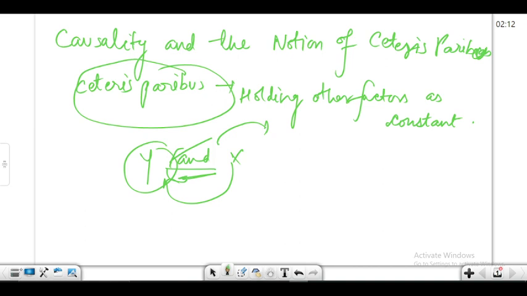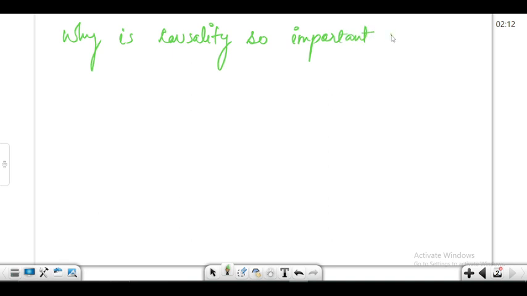But before that, let's discuss one more idea. Why is causality so important in econometrics? Causality as a concept is really important in econometrics, because as we move ahead, we'll observe that what we end up doing is trying to calculate the effect of one variable on another variable, and this effect is explained by the idea of causality.